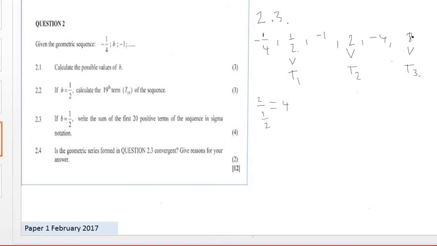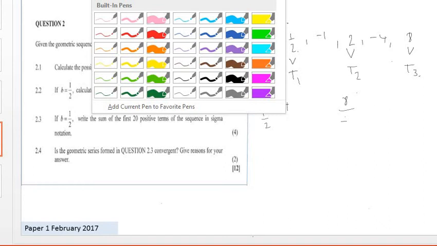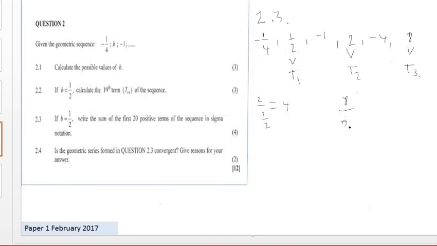Same thing if we have 8 divided by 2, we still get 4.